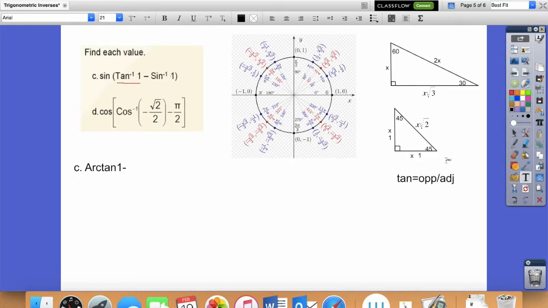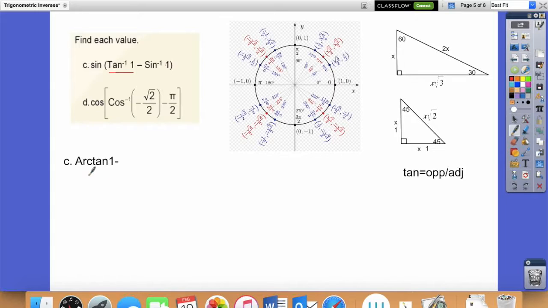So that means arctan 1 is 45 degrees, and 45 degrees is pi over 4. So underneath here, we're going to put pi over 4.